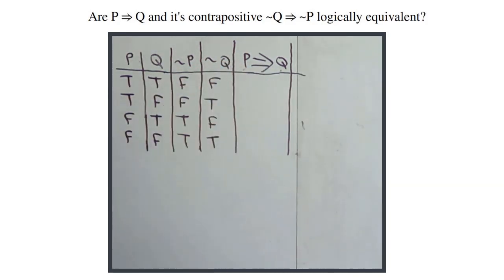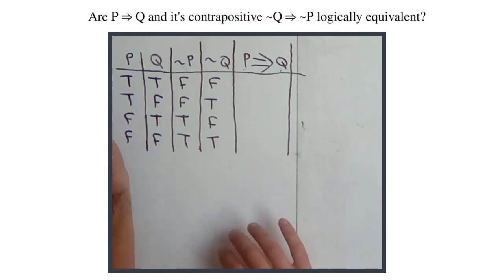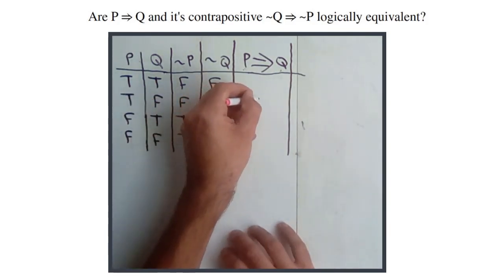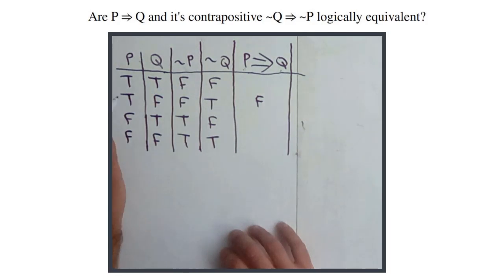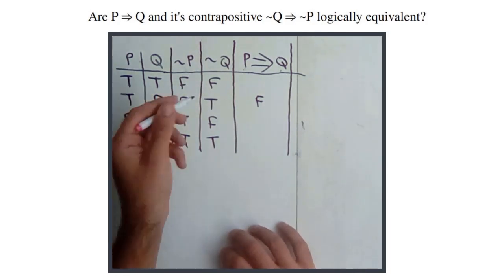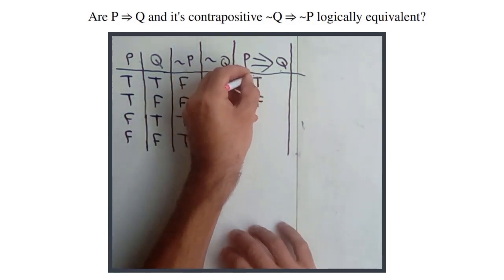That's the only time it can be shown to be false. That happens here, where P is true and Q is false. So this implication must be false here. But everywhere else it's got to be classed as true because it can't be classed as false.